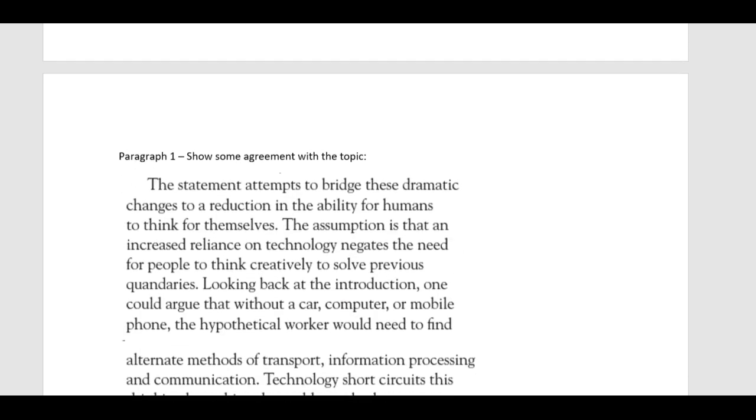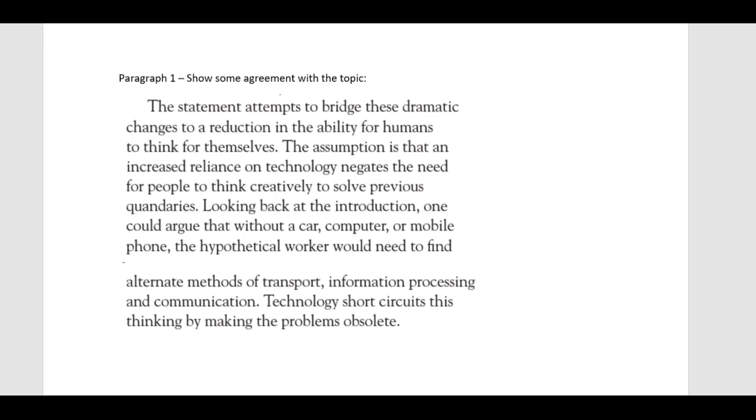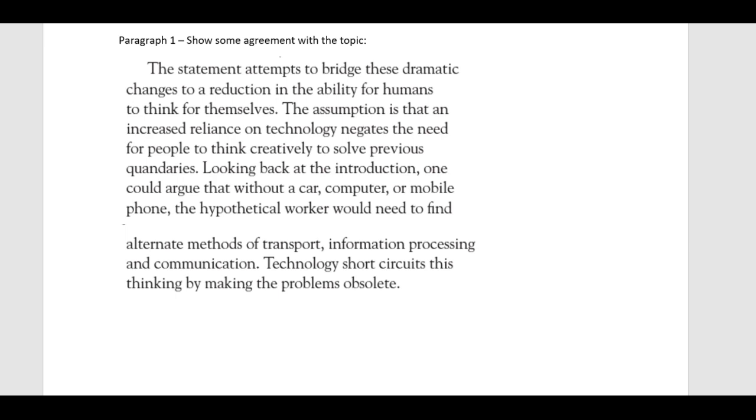And in body 1 we will show it's quite understandable why the statement says this. So we try to understand that these changes made technology significant, and we can see that reliance on technology, let's say, has limited our creative thinking.